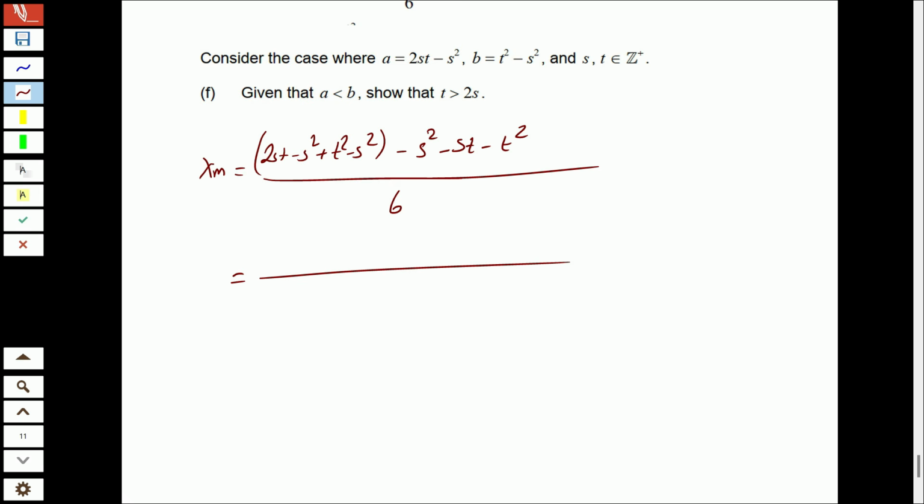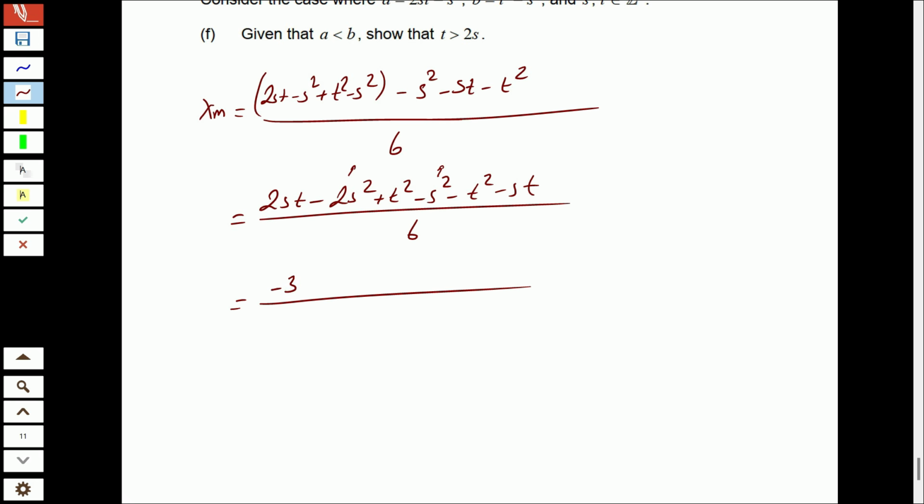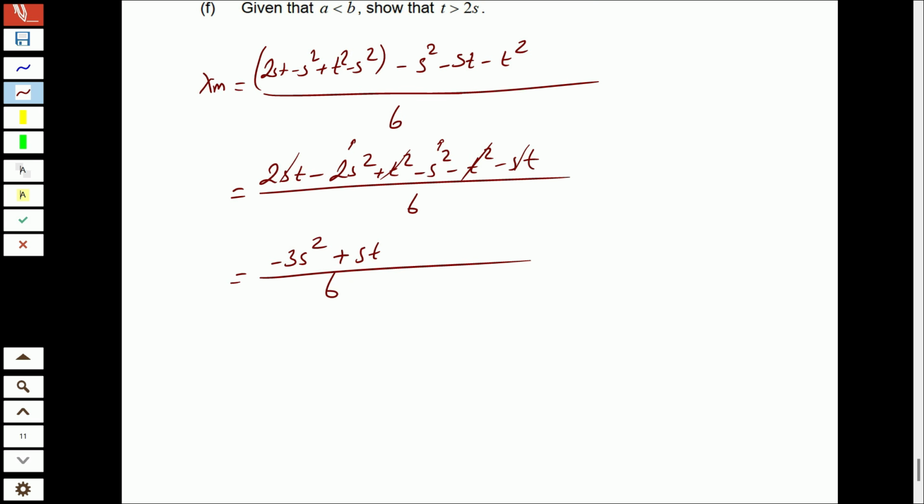First in parentheses maybe 2st minus 2s square plus t square minus s square minus t square minus st. Yeah, there is minus 3s square, and t square cancels, plus st from here, divided by 6.